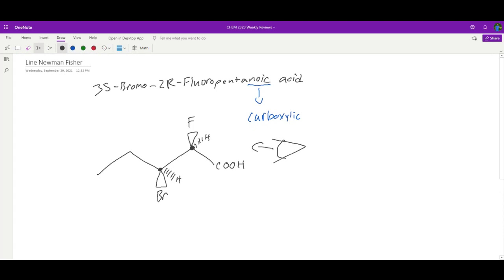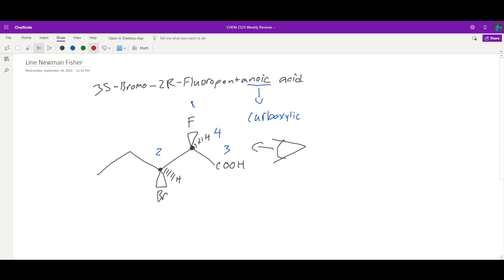All right, so next thing is to check our chirality. Looking at C2, fluorine would be 1. This would be number 2, this would be number 3, and this would be number 4. You might be wondering why is carboxylic acid number 3 and not number 2?